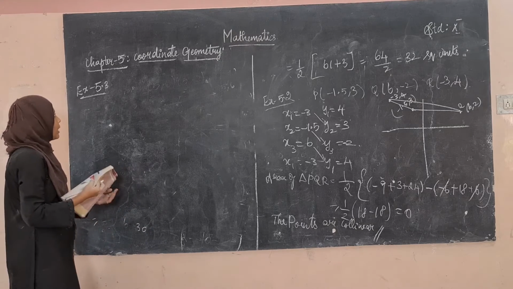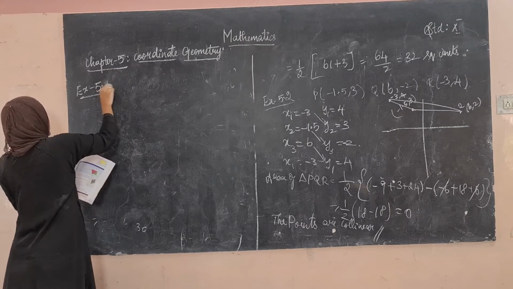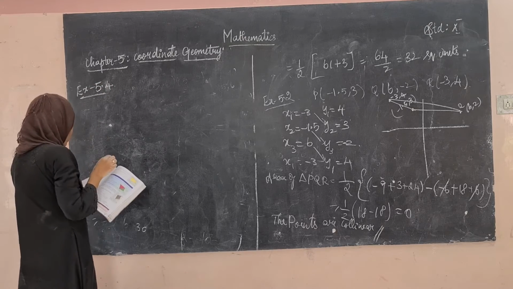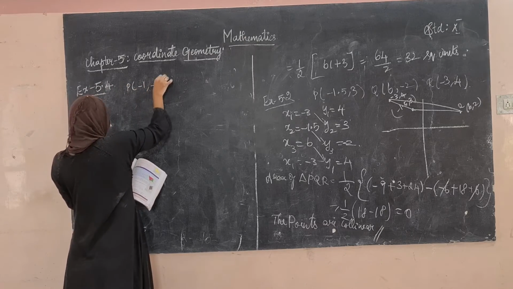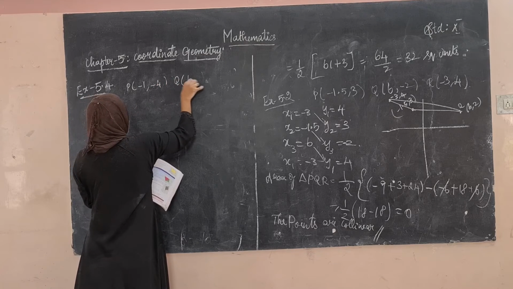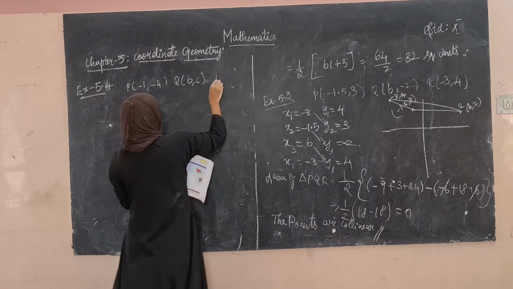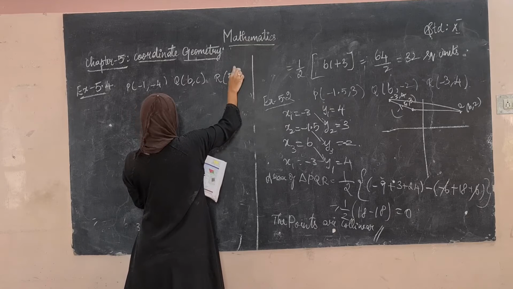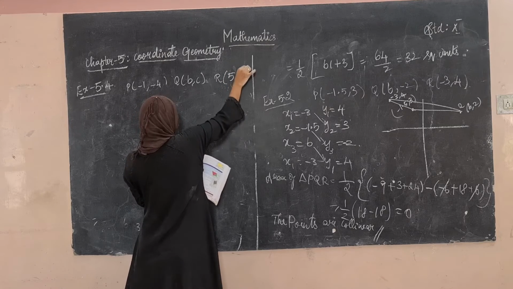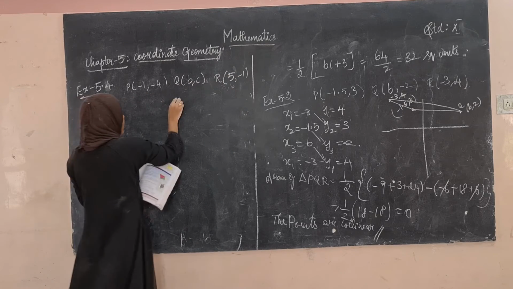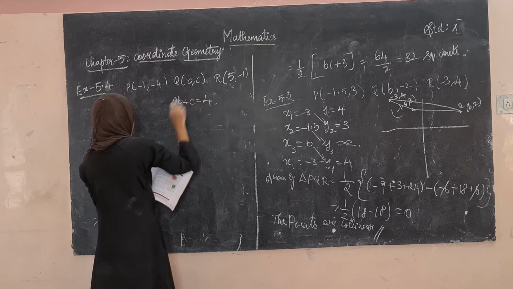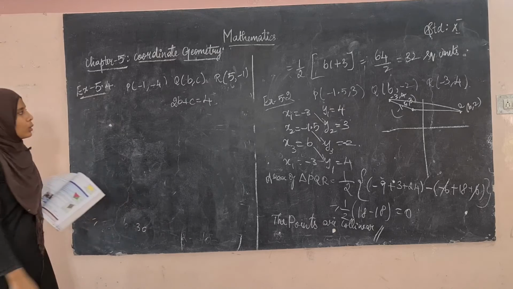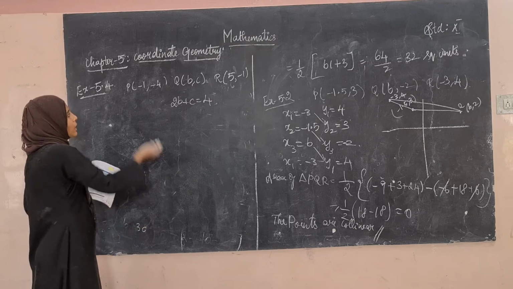Okay, now let us see example 5.4 here. If the points P of minus 1 comma minus 4, Q of B comma C and R of 5 comma minus 1 are collinear, and if 2B plus C is equal to 4, find the values of B and C. So they have given that the points are collinear.